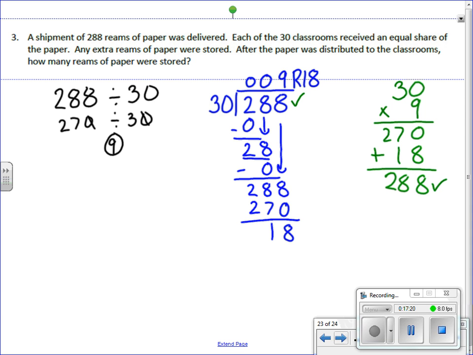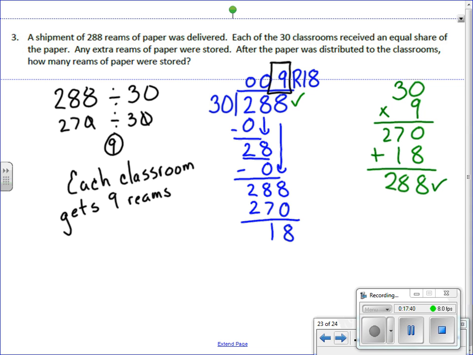So right now in our answer, each classroom gets 9 reams of paper.